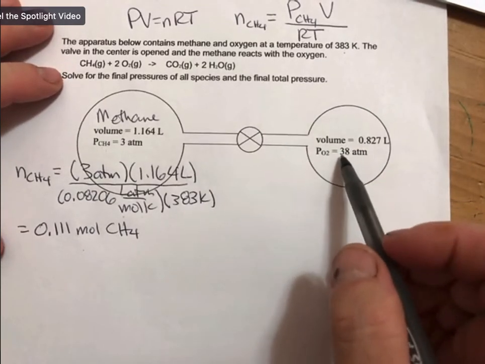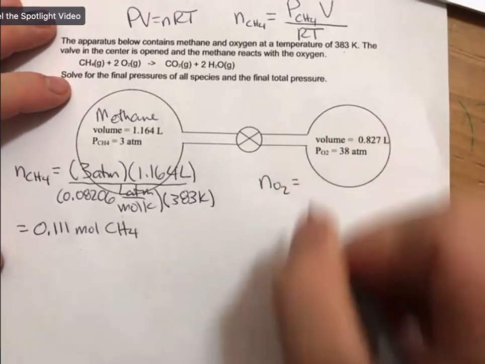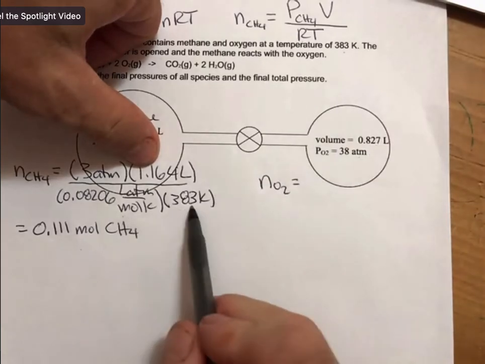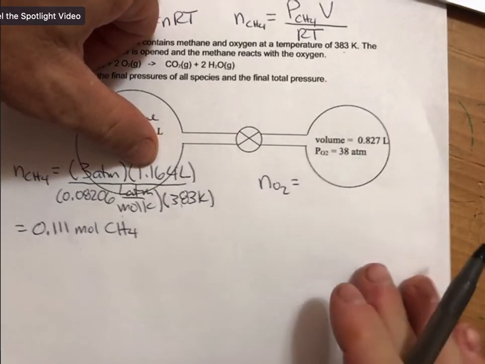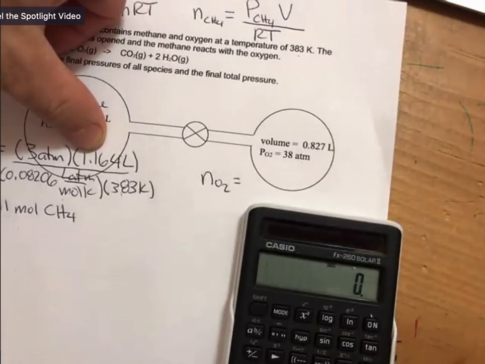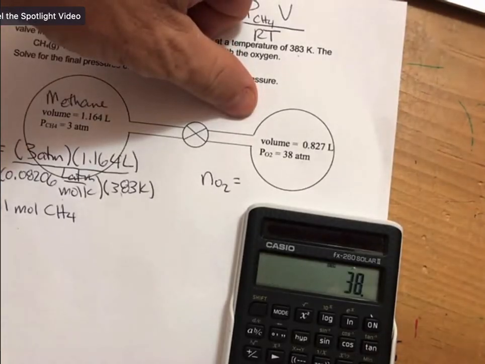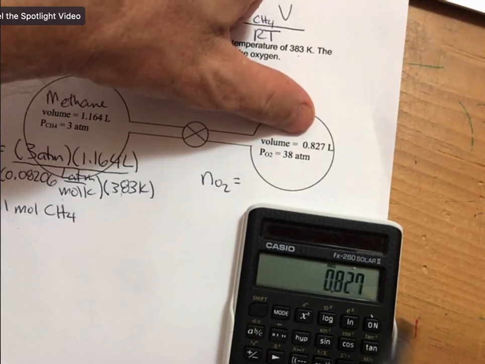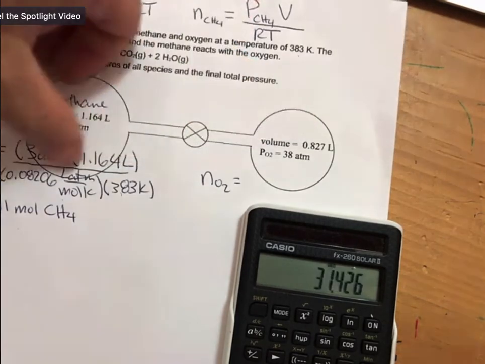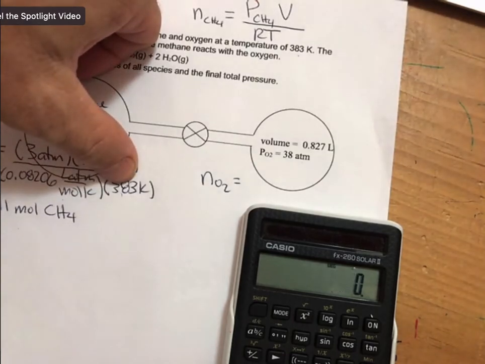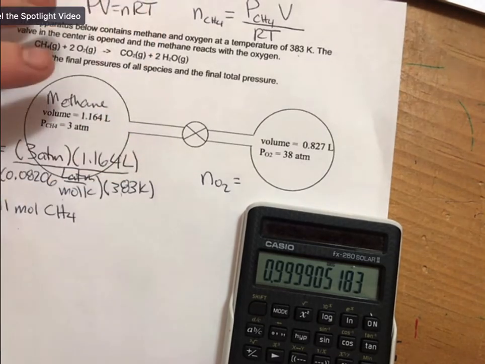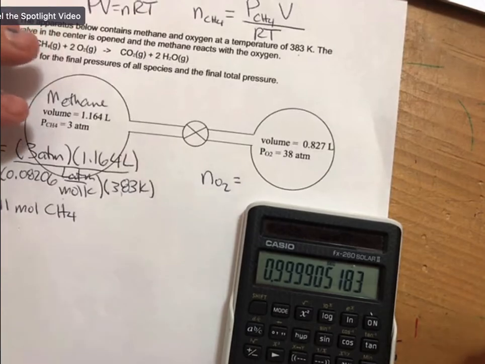I know for oxygen, I have 38 atmospheres. I have a different volume, but my denominator is the same. So I'm just going to plug things in. I have 38 atmospheres times 0.827 liters divided by R and T. Then I get 0.9999, or let's just go with 1.00.